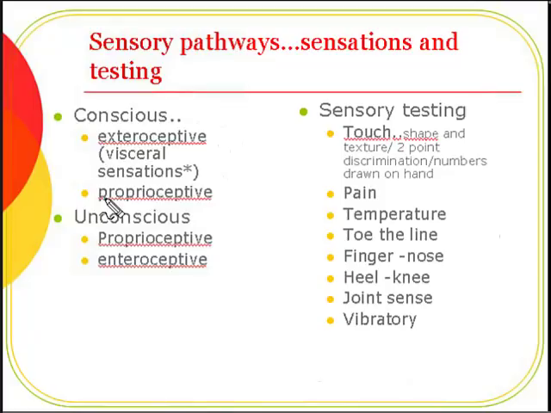Then we have certain impulses or sensory pathways which do not reach our consciousness, and they go to the cerebellum. We are not even aware that these things are happening. For example, your body's posture is being maintained all the time, and you are not even aware of it, because that goes up to the cerebellum, and it is intended for smooth motor coordination.